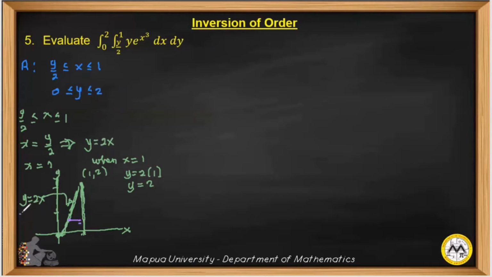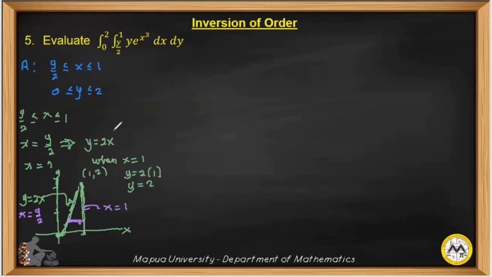This is similar to x left to x right, and x right is x is equal to 1. So x will go from y over 2 to 1, from left to right.